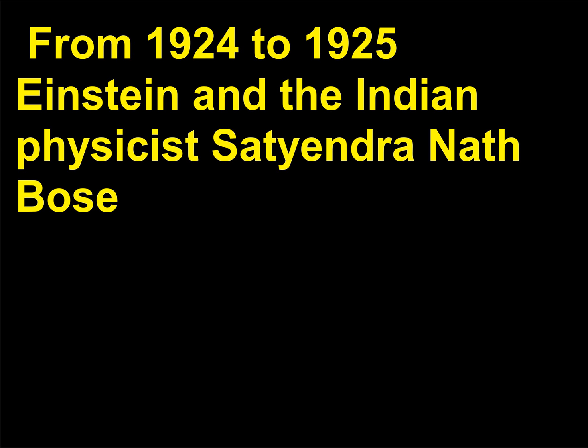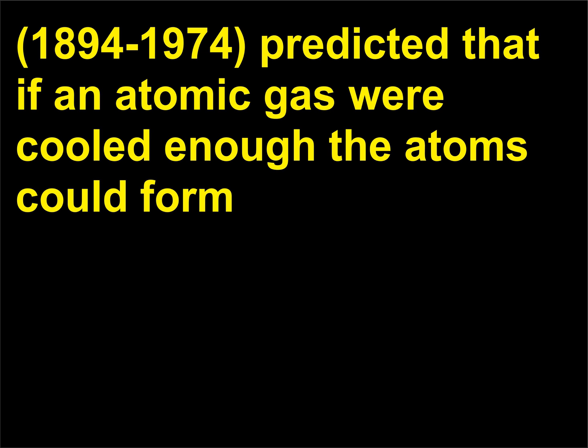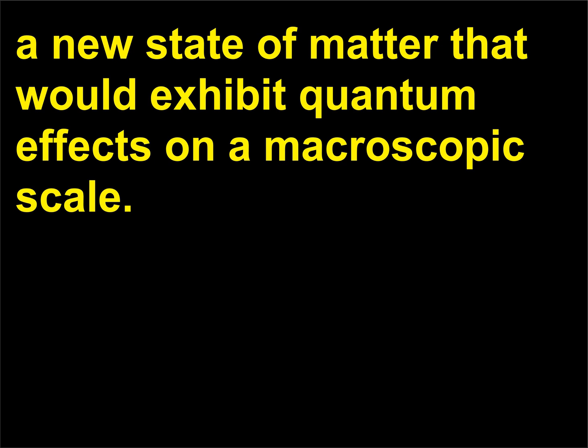From 1924 to 1925, Einstein and the Indian physicist Satyendranath Bose, 1894 to 1974, predicted that if an atomic gas were cooled enough, the atoms could form a new state of matter that would exhibit quantum effects on a macroscopic scale.